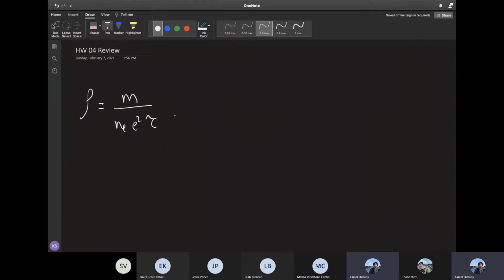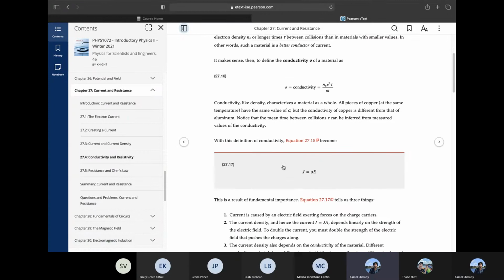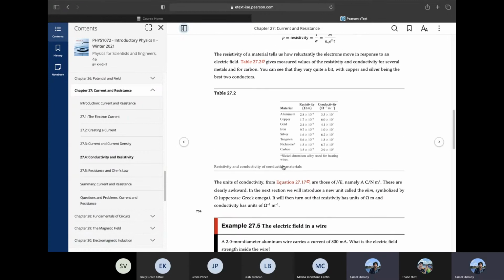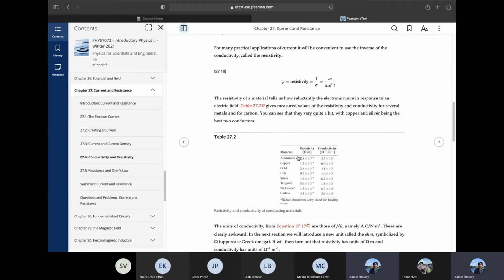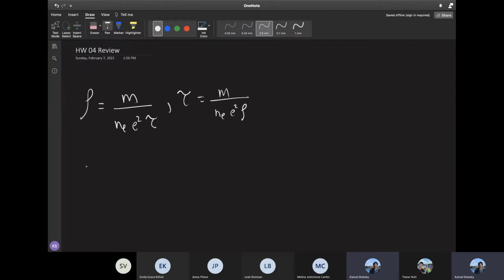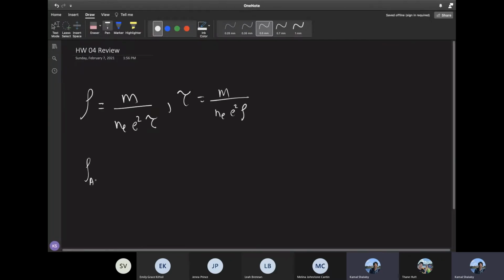Okay, so just rearrange everything, then we would have tau is equal to m over n e squared rho. And we have the rho for aluminum is equal to 2.8 × 10 to the power of -8.